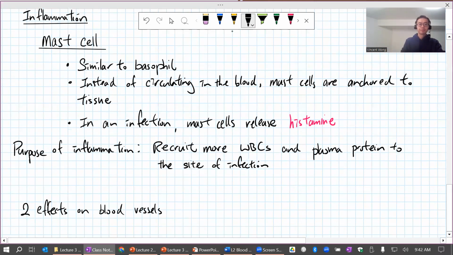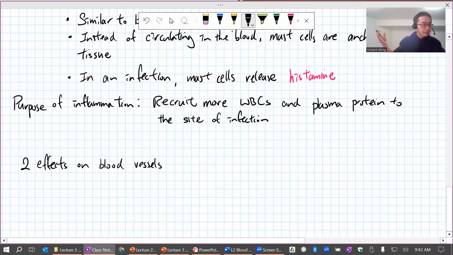All right. We want to bring more white cells here to help clear the pathogens, and we want to bring more plasma protein to begin the healing process. Okay, and as you will see, some plasma protein is also capable of fighting off infection as well.